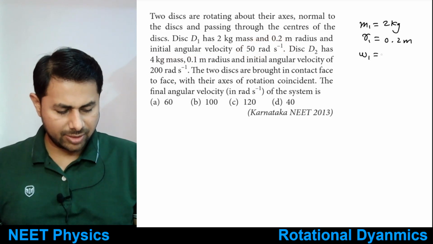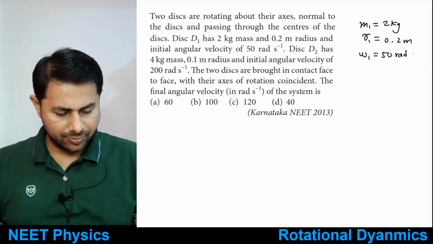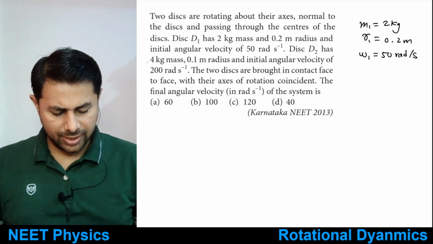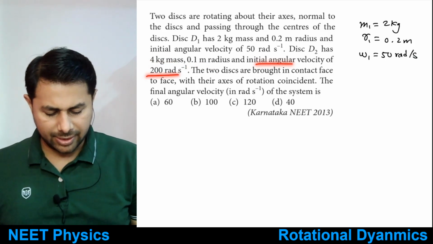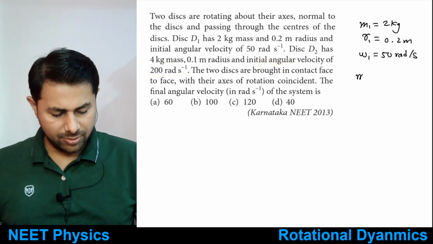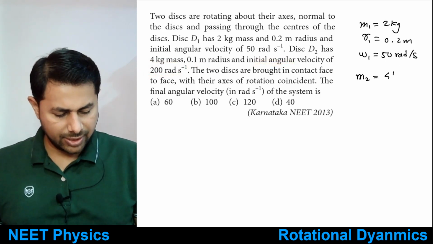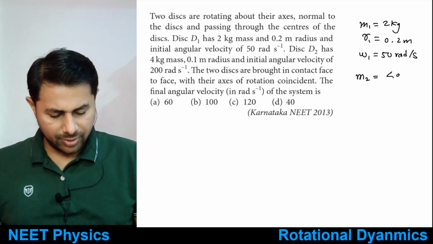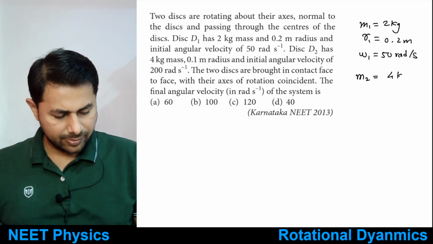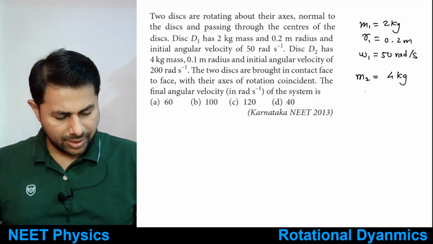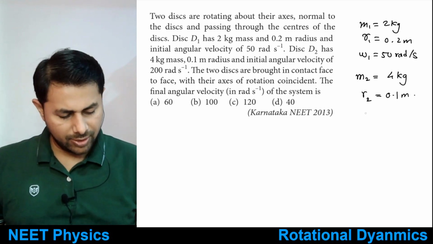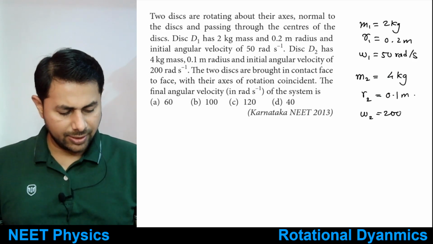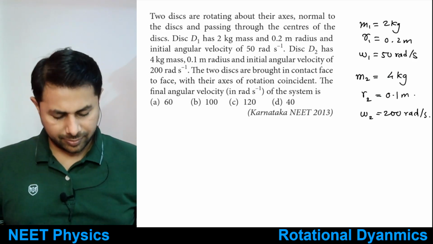So omega 1 is 50 radians per second, and disk 2 has 4 kg mass, 0.1 meter radius and angular velocity of 200 radians per second. So m2 is equal to 4 kg, radius r2 is equal to 0.1 meter and angular velocity omega 2 is 200 radians per second.